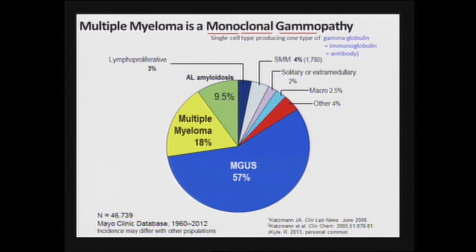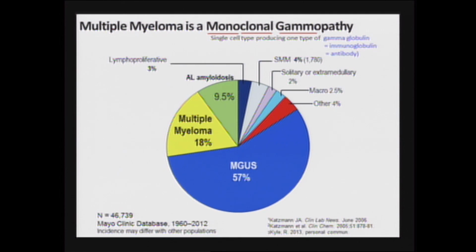And so in terms of monoclonal gammopathies, here's a pie chart of all the monoclonal gammopathies seen at the Mayo Clinic. This is from 46,000 patients that they've seen from 1960 to 2012. And what you can see is that the largest fraction of these disorders are this MGUS, this monoclonal gammopathy of undetermined significance. This is 57% of all these patients. And what this simply means is that there's too much of the particular protein in your blood. So that's the gamma globulin or the immunoglobulin.